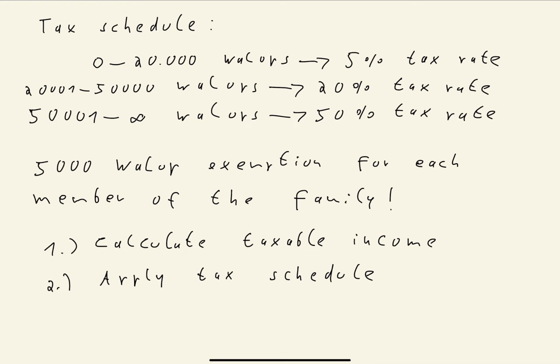And we will be doing this for 2 different families which have different incomes. Okay, so sub exercise A, we call it the Jamil family. So this family has 3 members and 60,000 valoops earnings per year.